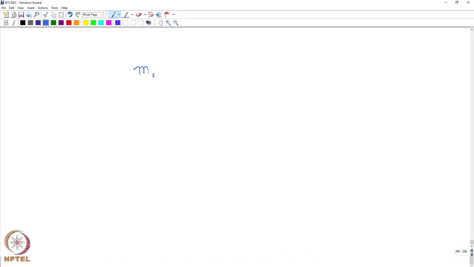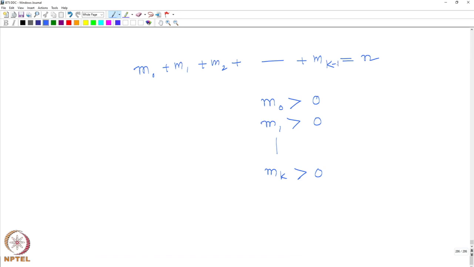I have M0 plus M1 plus M2 plus dot dot dot up to Mk to be equal to n, and each of these M0, all of them are bigger than 0 now. M1 bigger than 0 dot dot dot up to Mk bigger than 0, because it becomes 0, sorry, I should have k minus 1. Yeah, from Mk onwards it becomes 0, right.